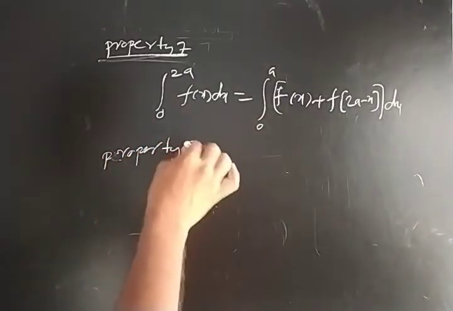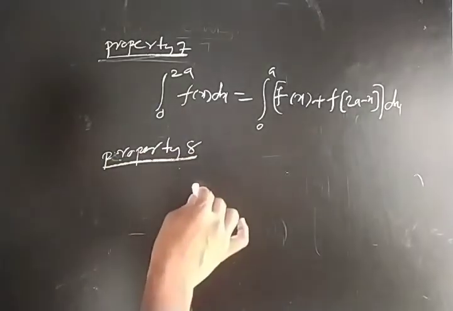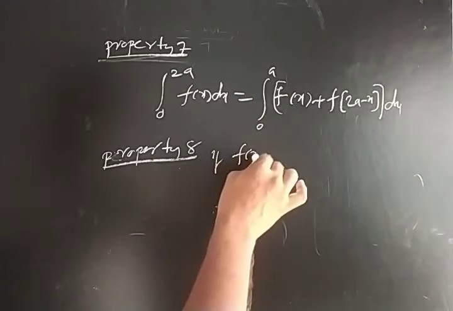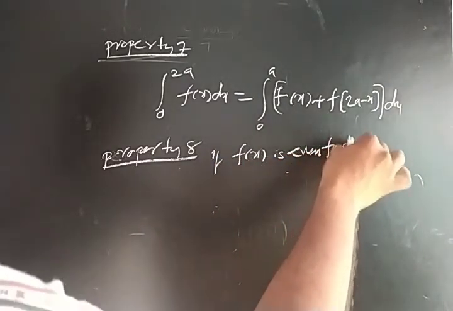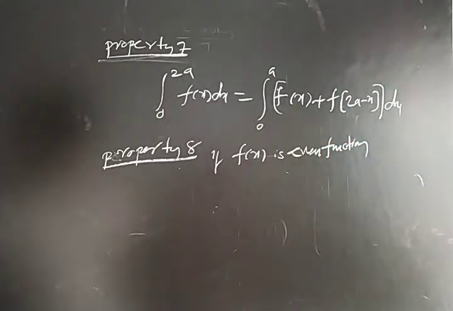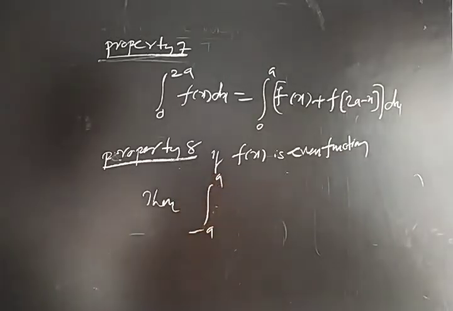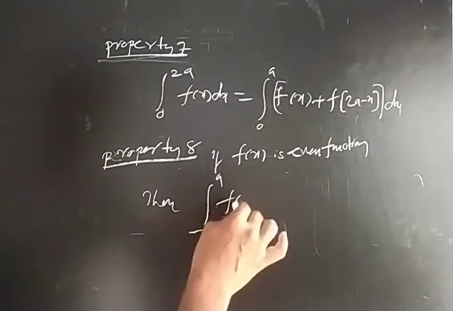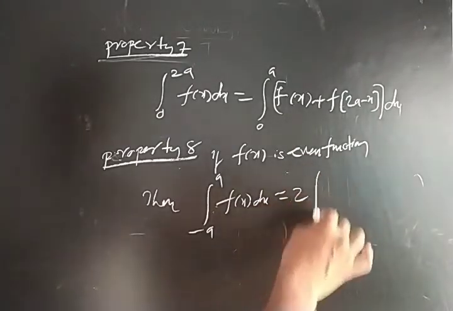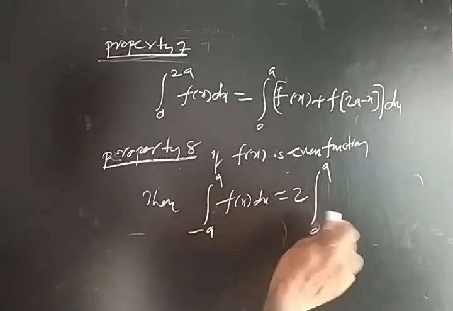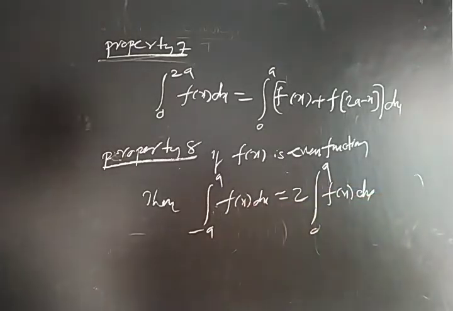Okay. Now property 8 here. Eighth property. If f of x is even function, then from negative a to positive a, same limits, f of x dx, you can write as 2 into 0 to a f of x dx, if f of x is even function.